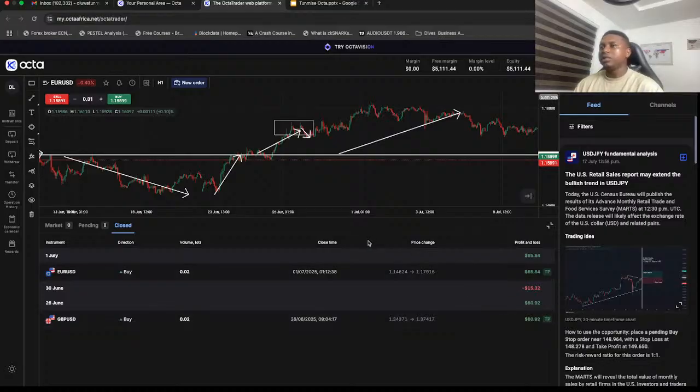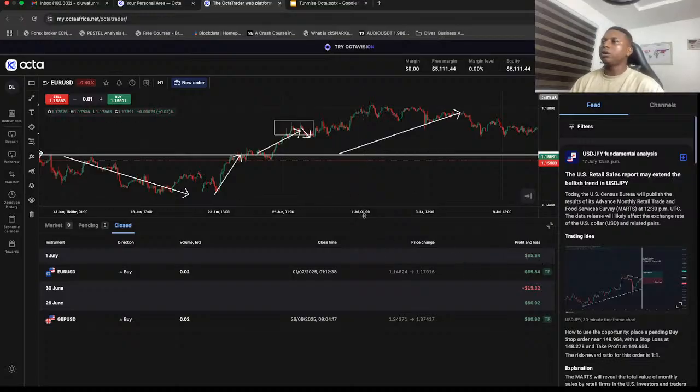Then for the one of EURUSD, which is this, it hit our stop loss level because our target was that if it comes down here, it's going to keep going down. So we set our stop loss, and the stop loss was taken out, and overall, we have some profit left.